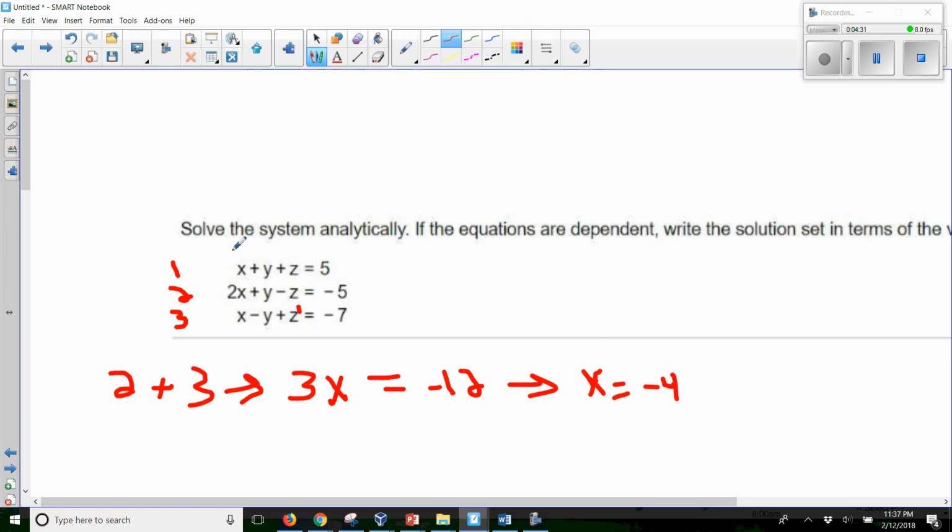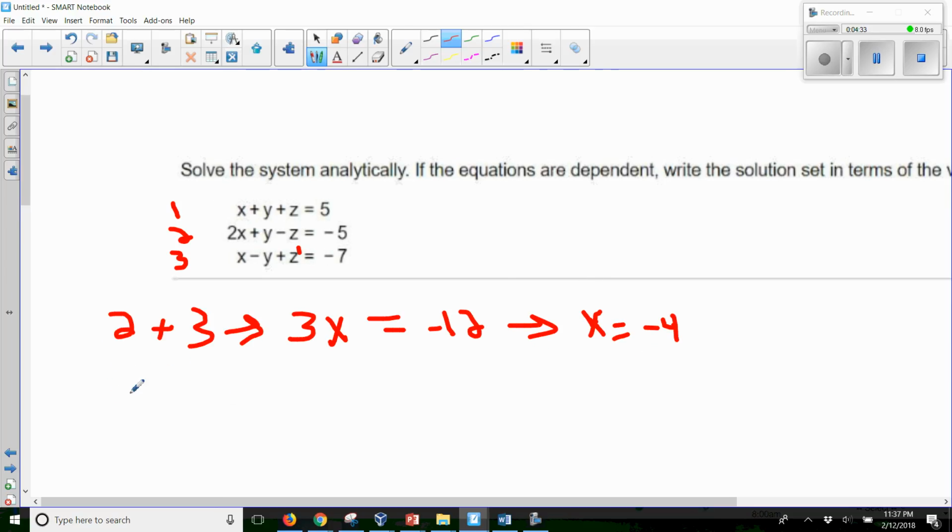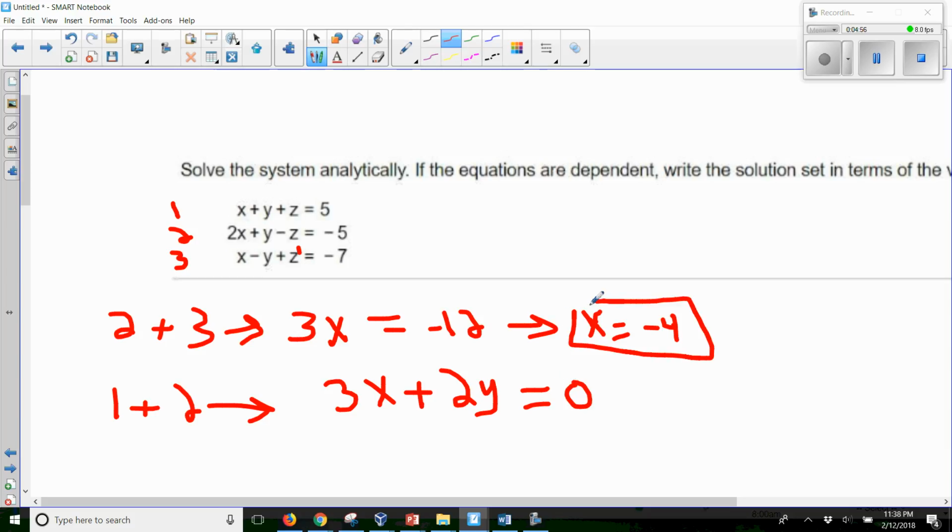Now let's see, if I add equations 1 and 2 together, I'm going to get 3x plus 2y equals 0. Well, look, I already have a value for x, so I can go ahead and substitute that in here.